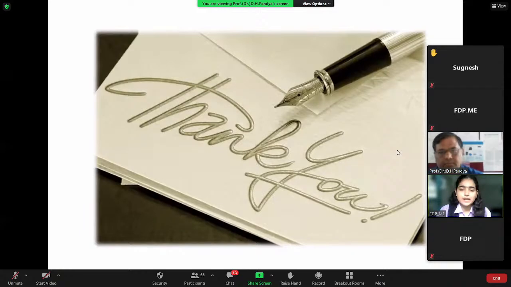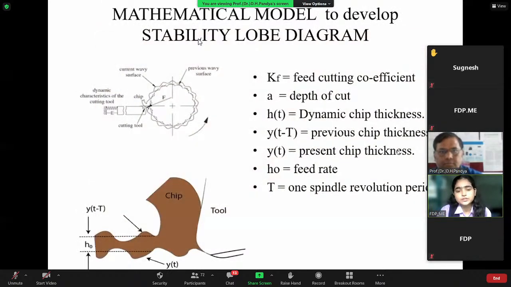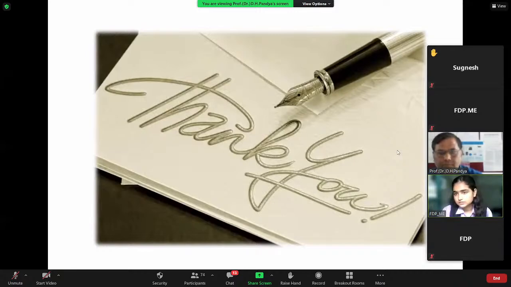Keeping this quote in mind, if you have any queries, you can raise your hands and we will unmute you so that you can ask your queries to Dr. Divyang Pandya, sir. Shreyas, can you unmute the person who has raised their hand? Yes, I'm doing.